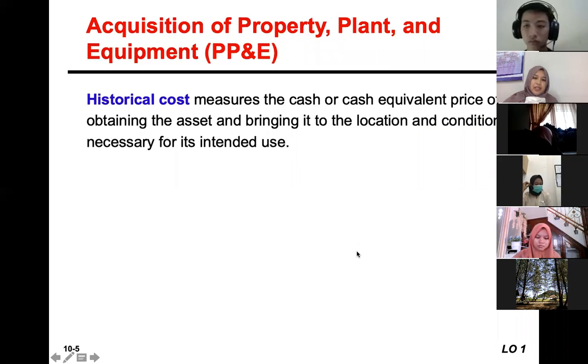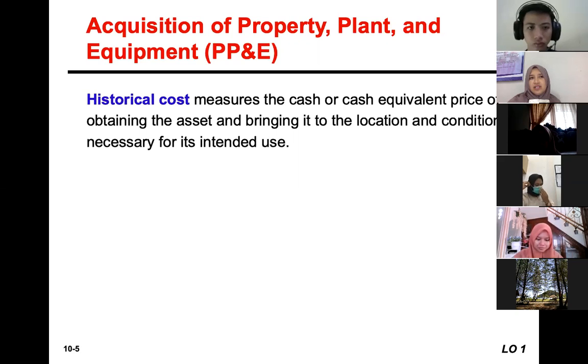Okay, PPE is recognized or measured using the historical cost. Historical cost measures the cash or cash equivalent price of obtaining the asset. So the whole process of obtaining the asset, bringing the asset to the location, and then making it in operation, the whole cost will be considered as the cost of the asset.